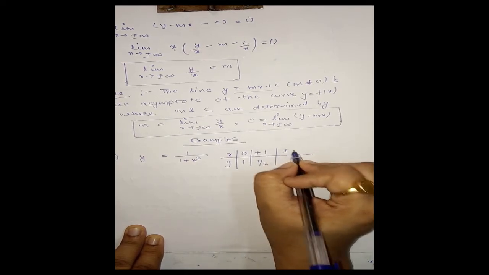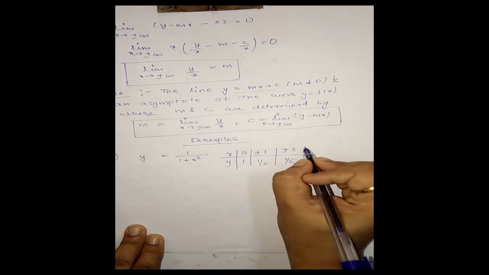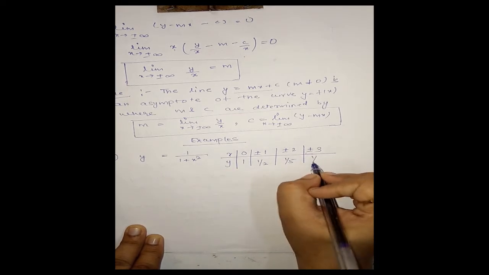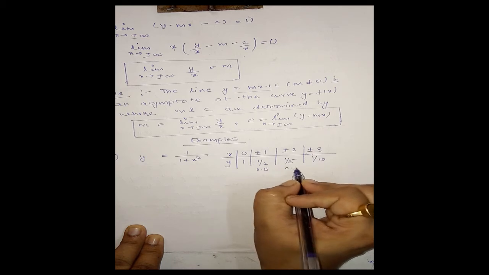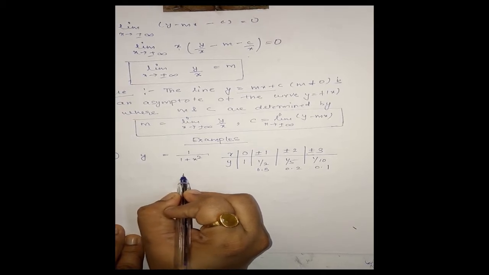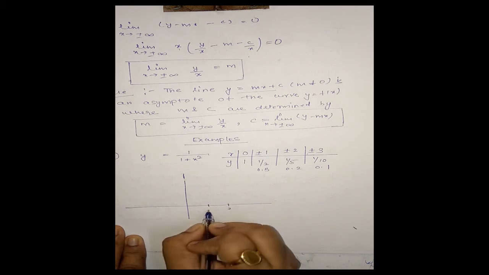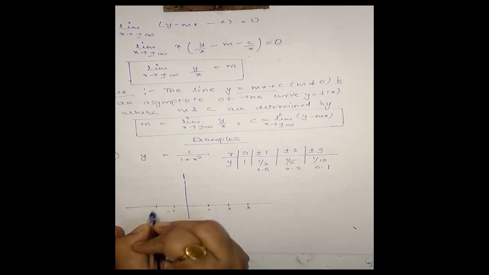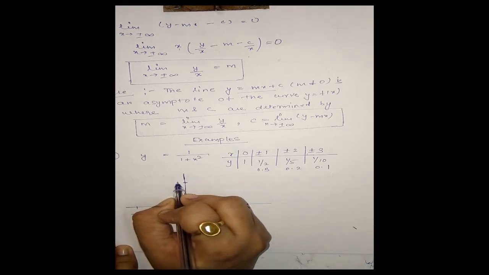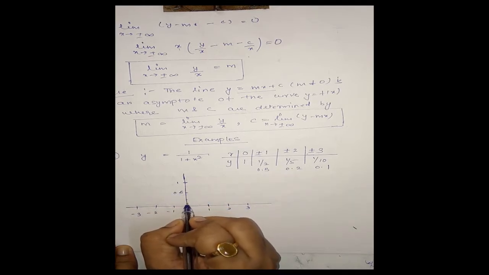On taking plus or minus 2, this will be 1 by 5. On taking 3, this is 1 by 10, that is, 0.5, 0.2 and 0.1.